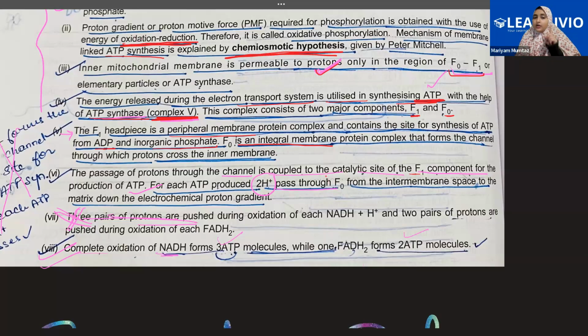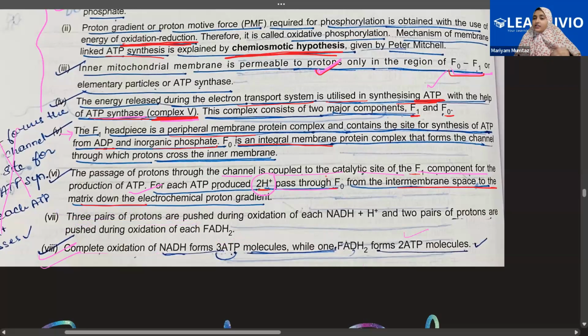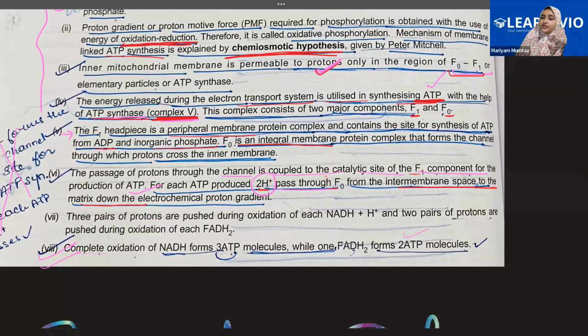So always remember, for one ATP, two protons or two H plus ions have to pass through the F0 from the intermembranous space to the matrix, down the proton gradient. Down the gradient means from high concentration to low concentration, the protons have to flow, as a result of which ATP will be synthesized.